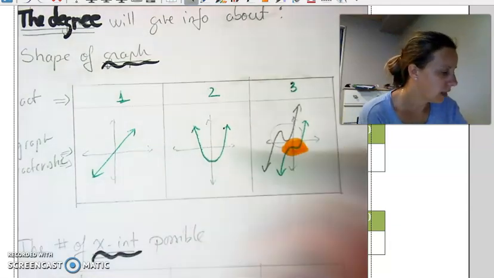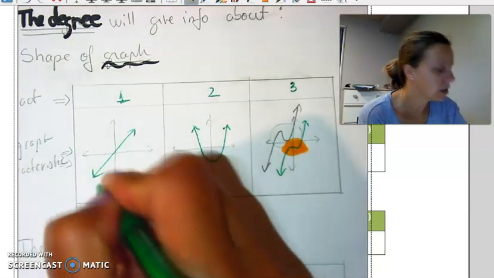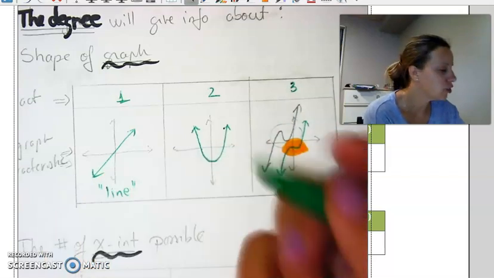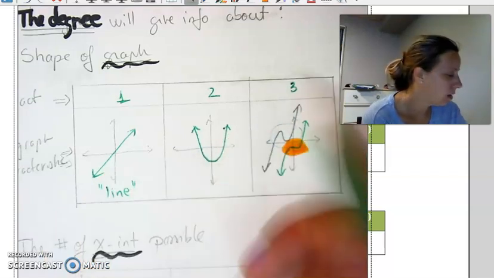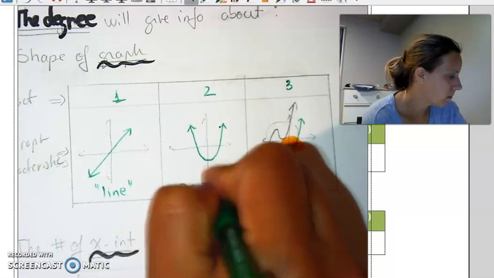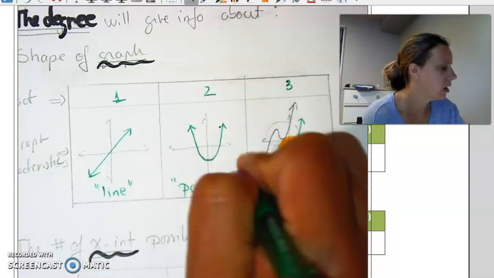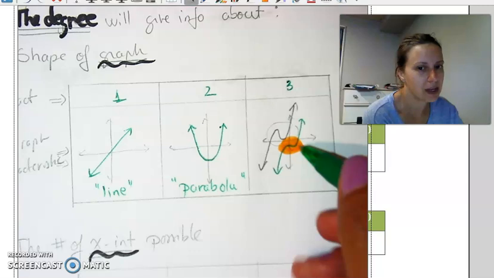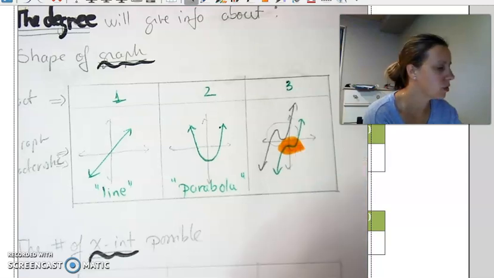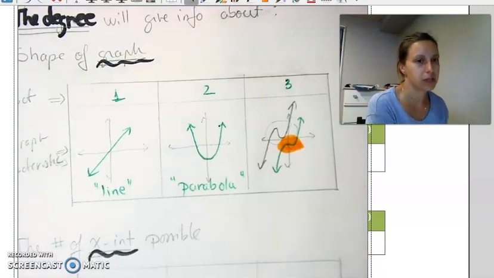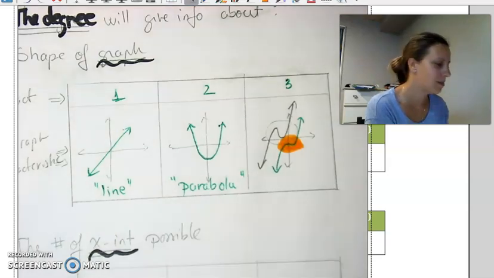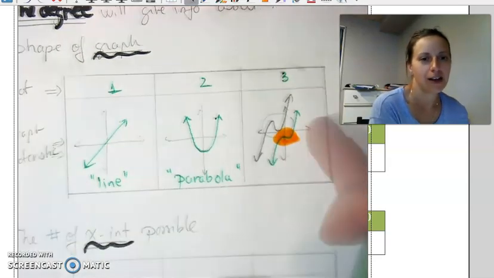So this is a line. That's really what I picture in my mind. This shape, it's called a parabola. And this one doesn't really have a name. I call it the snake graph. So you can put that down if you want, but it's not an official name for this shape. It's just an undulating graph.